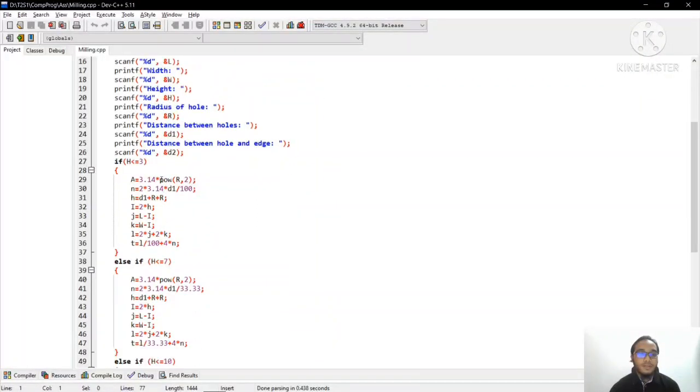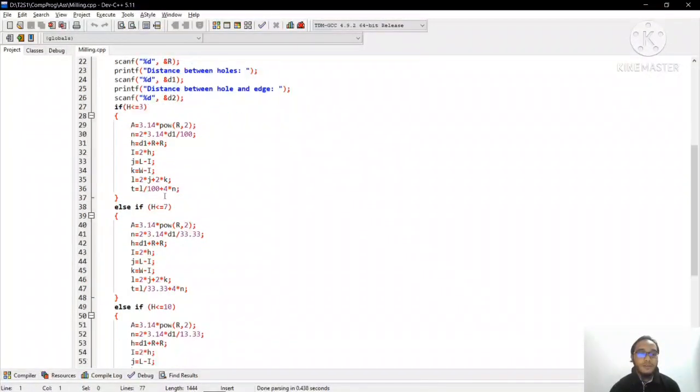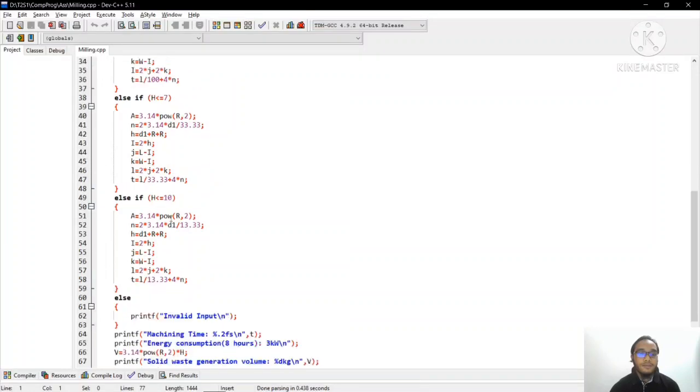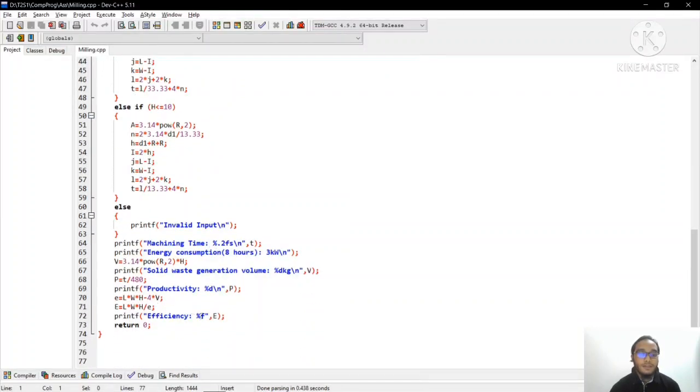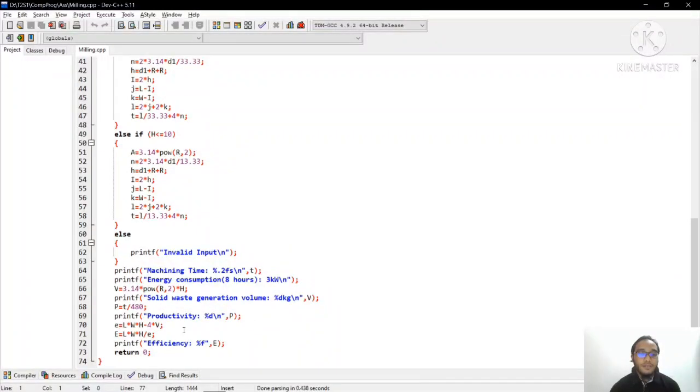So this is the process. And lastly the output, which is machining time, energy consumption, solid waste generation volume, productivity, and efficiency.